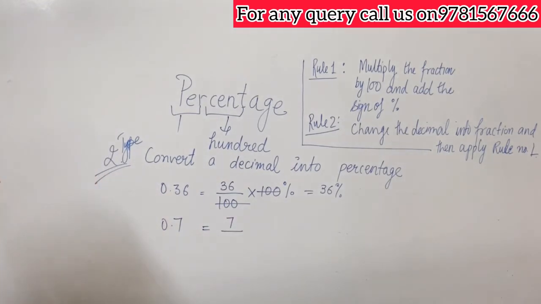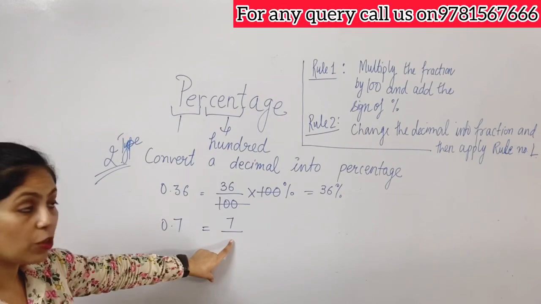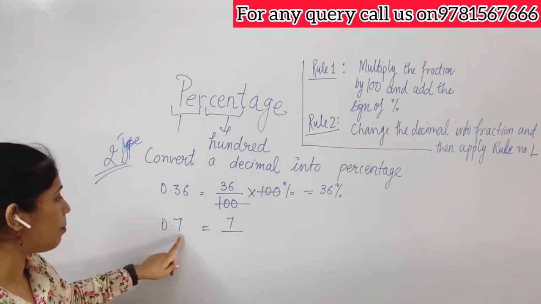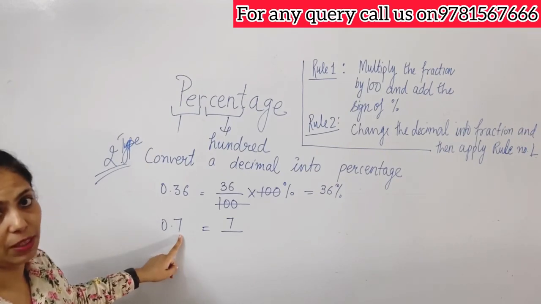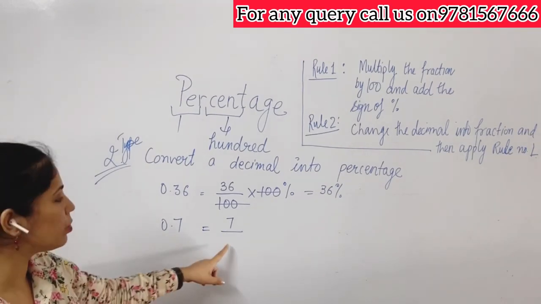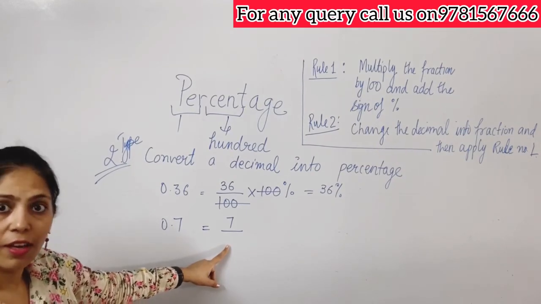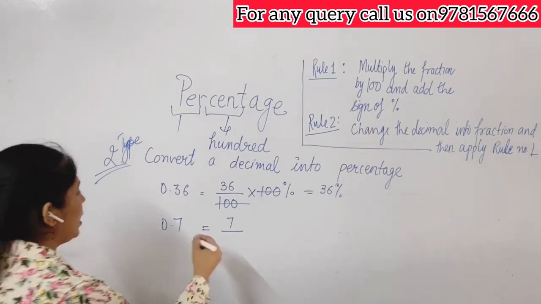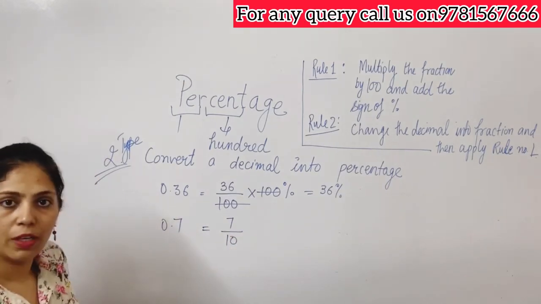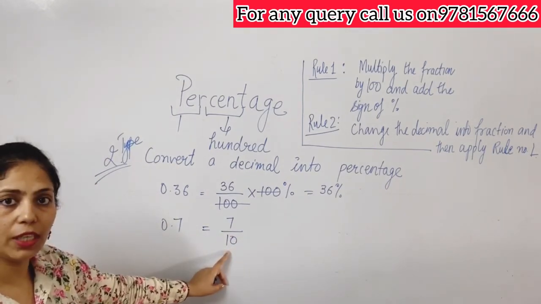Now, how many zeros do we have to write as a denominator? It is equal to the number of digits after the decimal. भैया बड़ा सिंपल सा है, डेसिमल के बाद जितने डिजिट होंगे उतने जीरोस आप लगाएंगे नीचे, राइट? तो यहाँ पर क्या लगेगा? 0.7 means 7 upon 10. So we have converted it into the fraction.